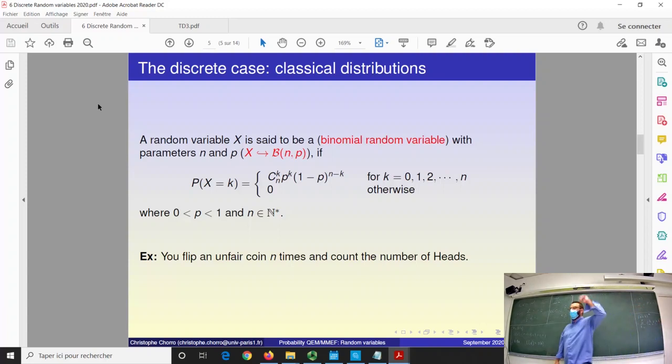When you have a binomial, think about this relation. So in the case of the binomial, once again, I have a finite sum to compute.